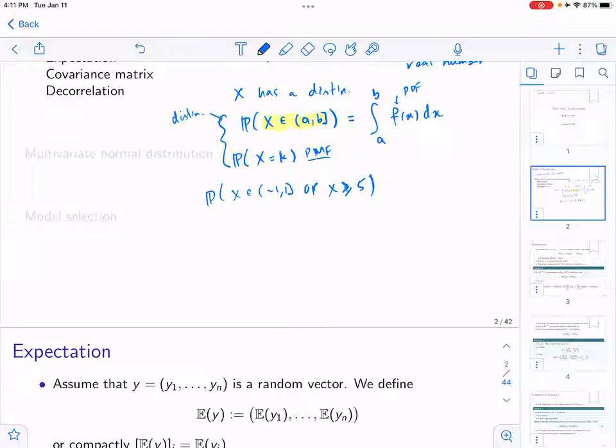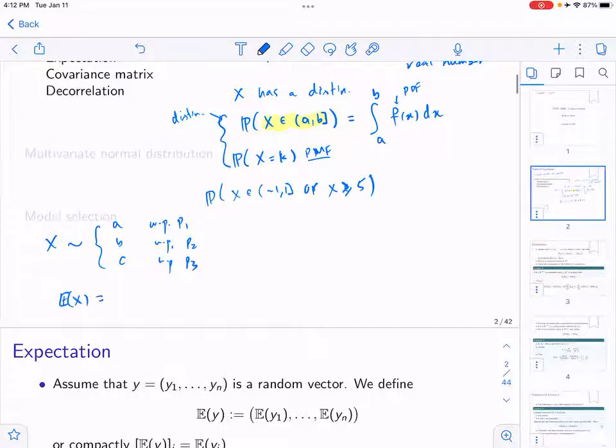Both, let's say. Okay, so for a discrete random variable, the expectation would be the sum over the individual values multiplied by their corresponding probabilities. Suppose X takes values, let's say A, B, C, with probabilities P1, P2, P3. What will be the expectation of X?